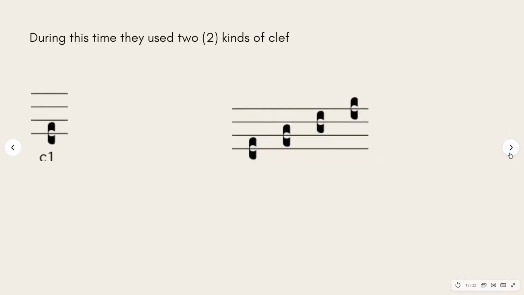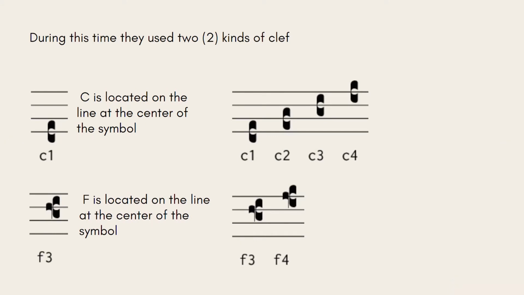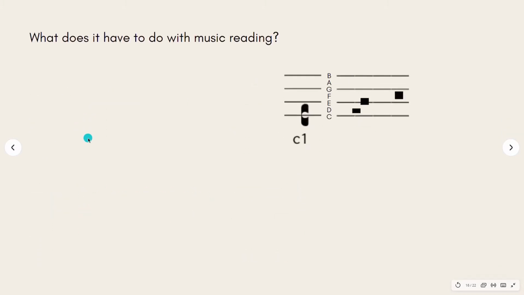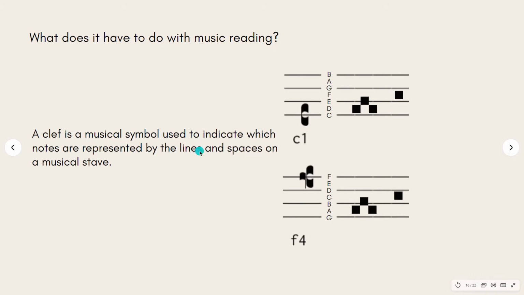Now, how do we read the Neumes notation? First, we need to understand that Neumes notation uses two kinds of clef. The C clef here and the F clef. The clefs are used as a guide to indicate the notes that are represented by the lines and the spaces.